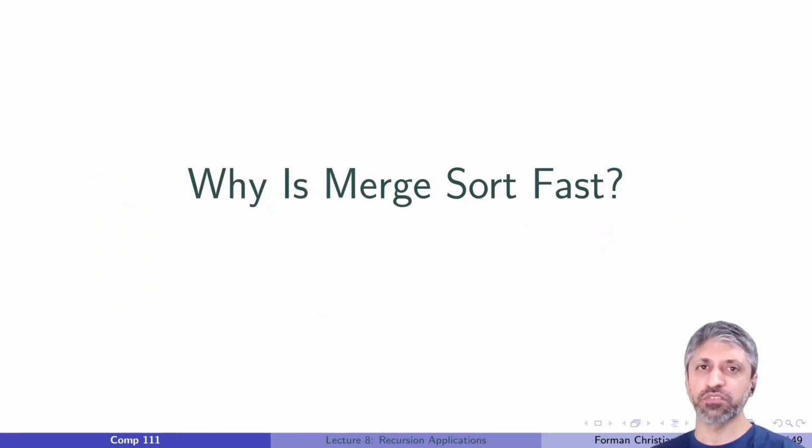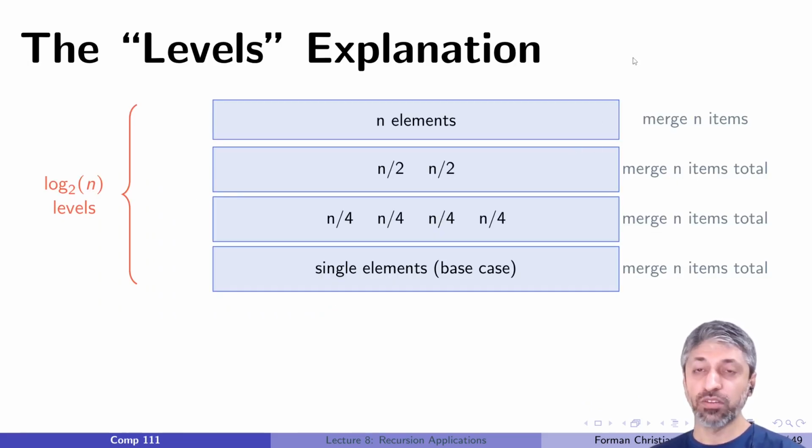So why is merge sort faster? Why is merge sort n log n essentially? Here's one way to think about it. Imagine the recursion, and we saw that it has levels. At the top level we have n elements, and as you go down, the next level becomes a group of 2 items with n by 2 elements each, and then that becomes 4 groups of n by 4 elements each.